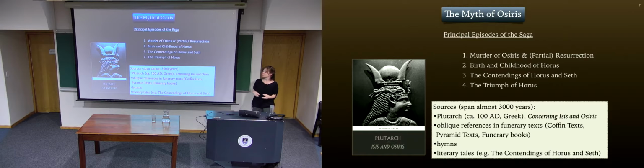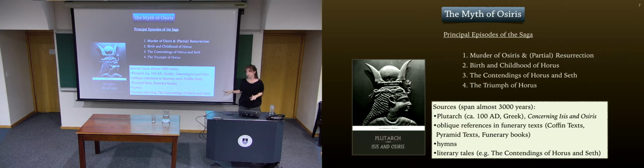So he gives the most accessible story. And I think, like I said on Wednesday, if you've read about the myth of Osiris in a popular book or a retelling of it, you've probably read some version of what Plutarch wrote. Now, there's commonalities between his version and the earlier Egyptian testimony, and we'll look at that in a bit.